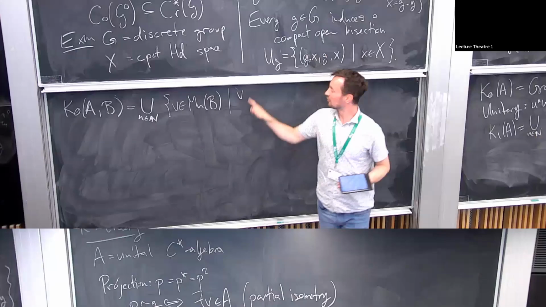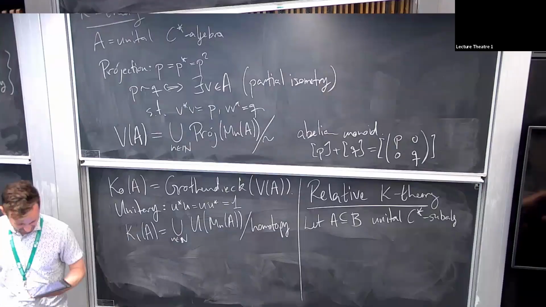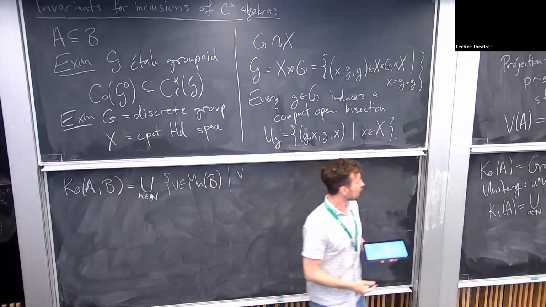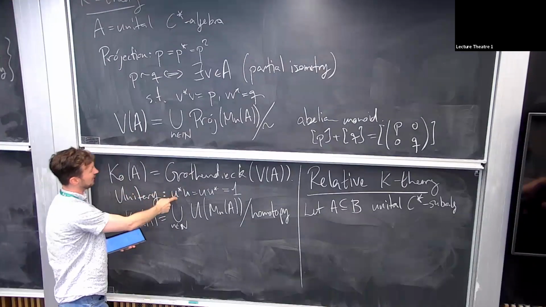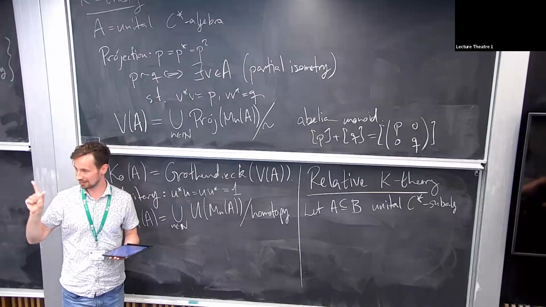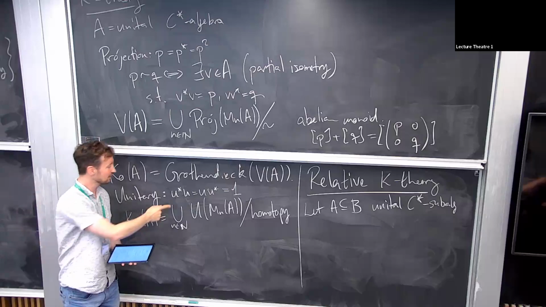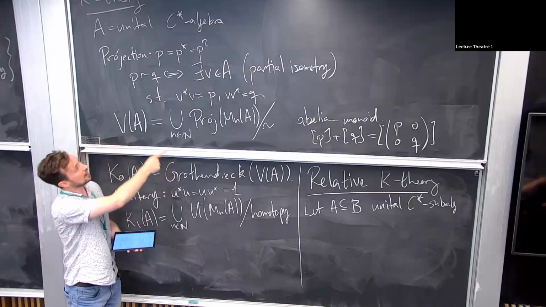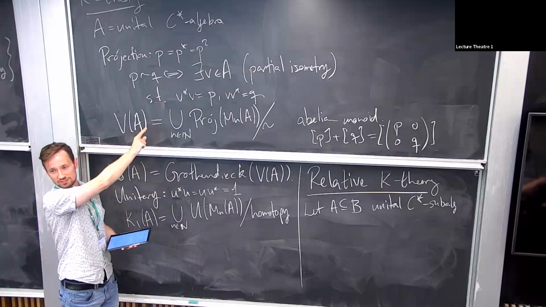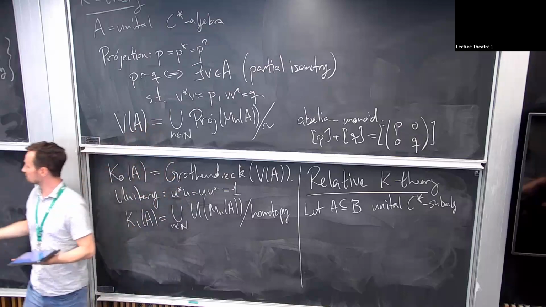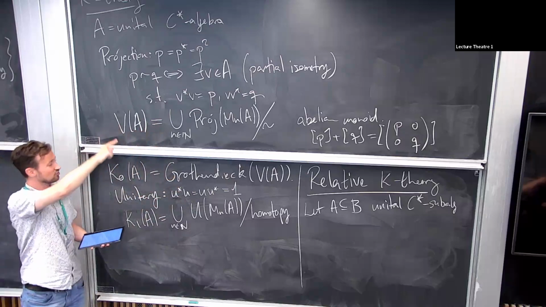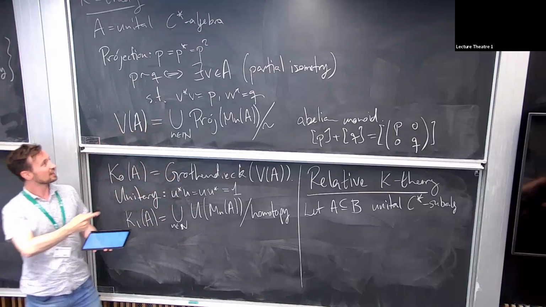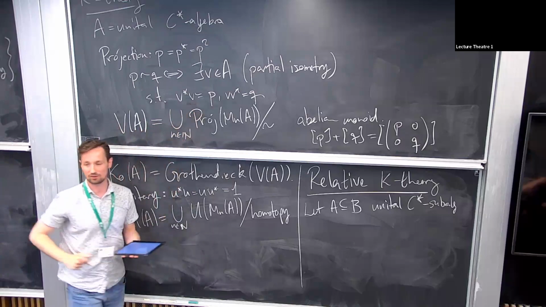So what should be satisfied by this V? Well, I've already talked about projections and unitaries. Note that just as a fun little side remark, because that will actually play a little role in a moment, these unitaries are examples of partial isometries. We're basically going to fuse these two things together, projections and unitaries, in terms of these partial isometries.